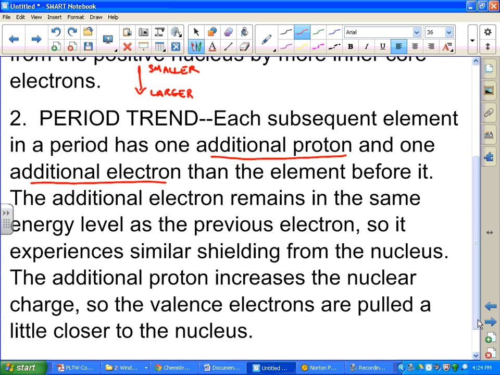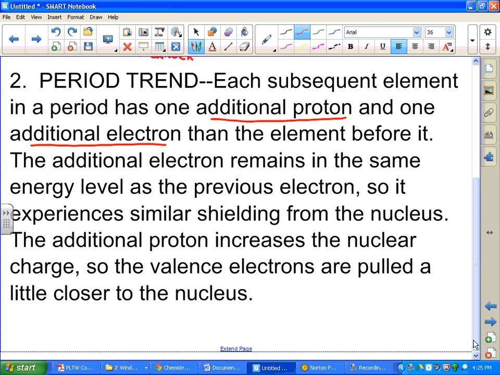So we said that, like boron, 1s2, 2s2, 2p1, every electron that you're adding across that second period is in n equals 2. There are 2 inner core electrons, so it experiences the same shielding from the nucleus. The additional proton, as you move from left to right, increases the nuclear charge, so the valence electrons are pulled a little closer to the nucleus.